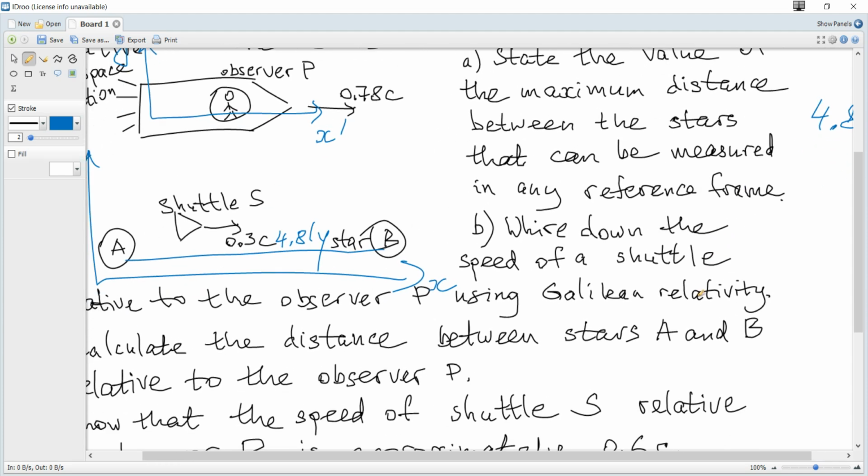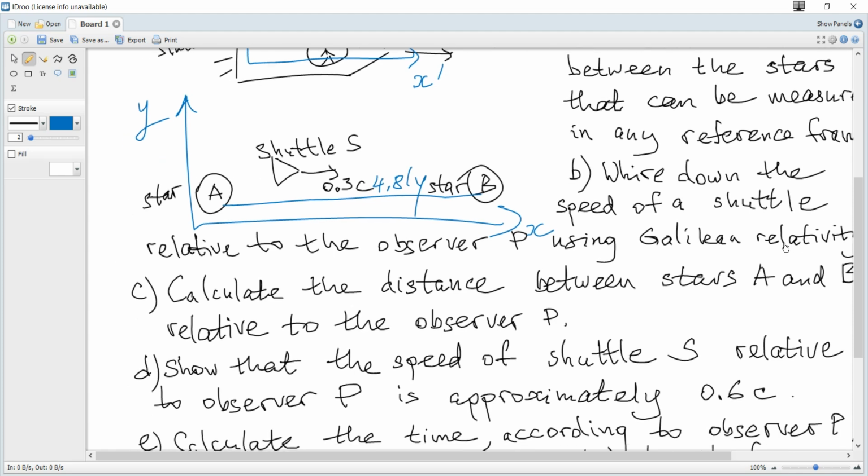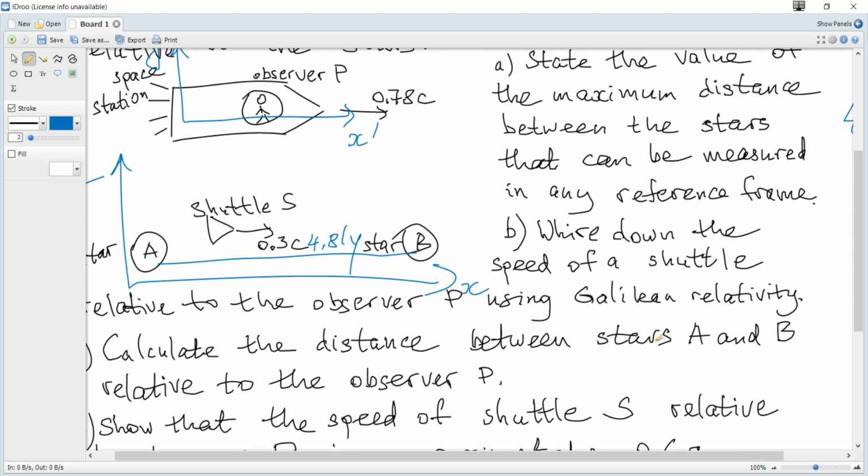B. Write down the speed of the shuttle relative to the observer P using Galilean relativity.